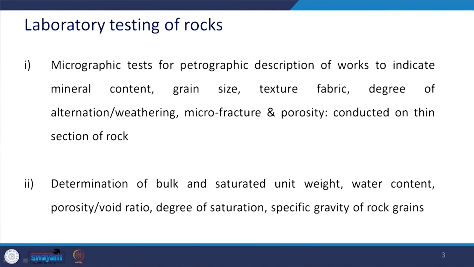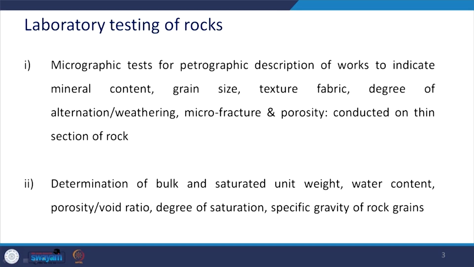Let us see one by one. So basically, the micrographic tests, that is petrographic description of rocks, indicate the mineral content, grain size, texture, fabric, degree of alteration and weathering, microfracture and porosity.